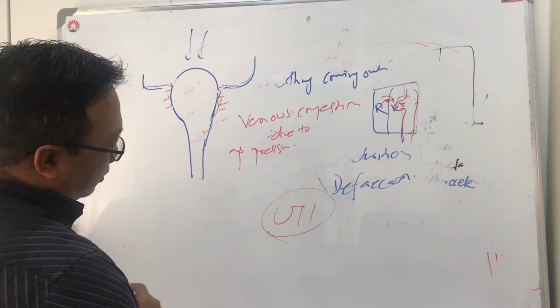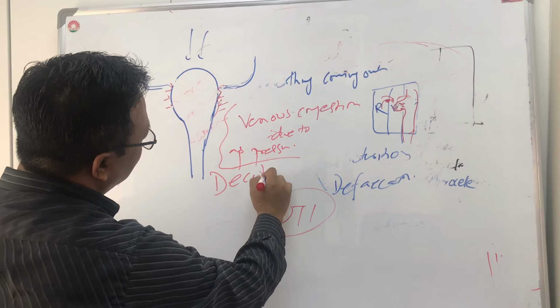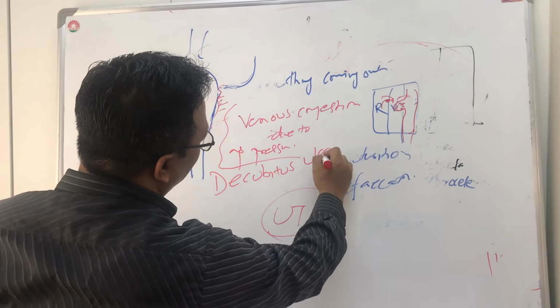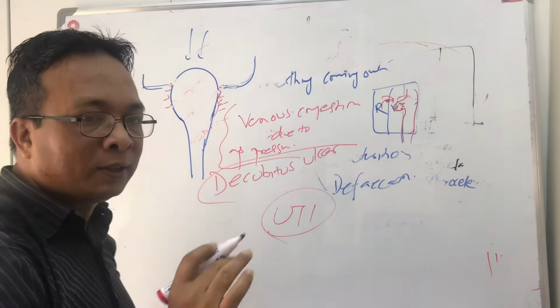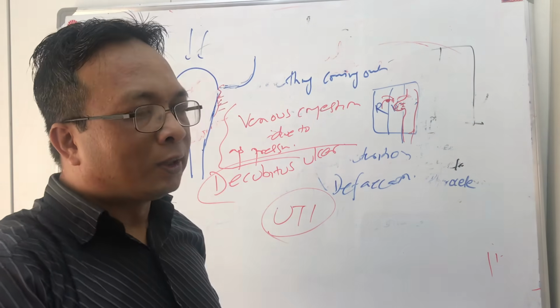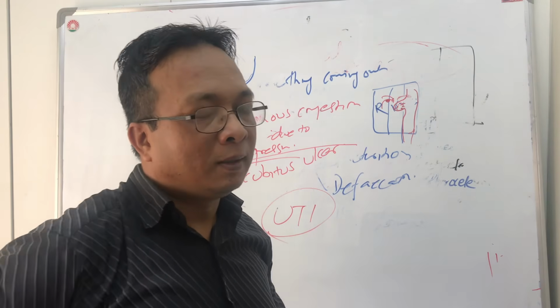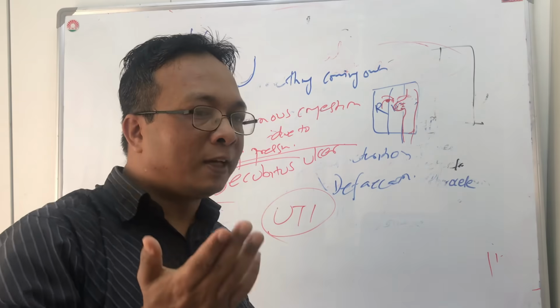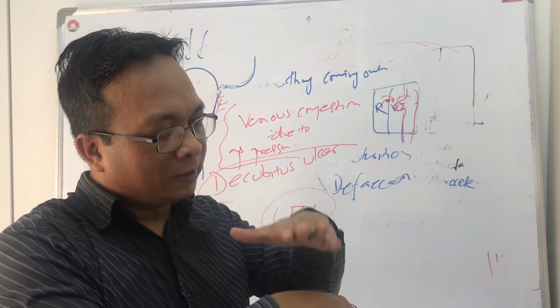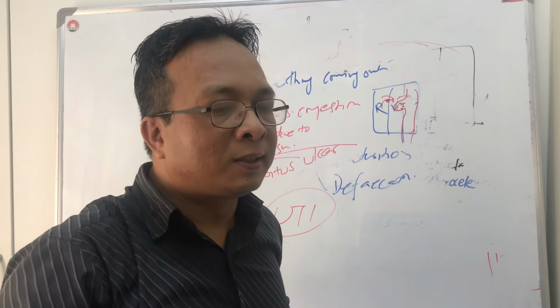So what can happen? Then it can lead to decubitus ulcer. This is one complication of genital prolapse. Do remember it comes in MCQs. Sometimes decubitus ulcer also comes as a short note. Decubitus ulcer is also called bed sore. It is more common in the back. When a patient is lying down for a long time, continuous friction of the skin against the bone can develop ulcers at the back.